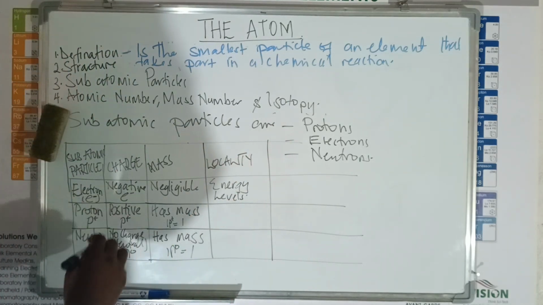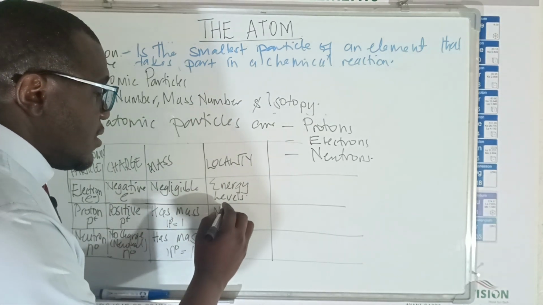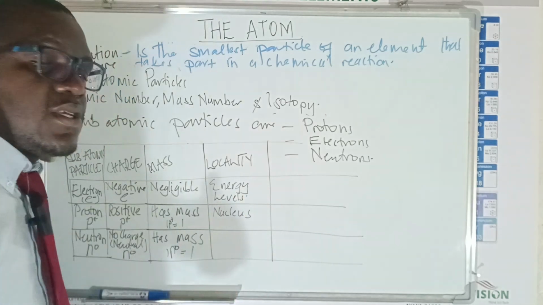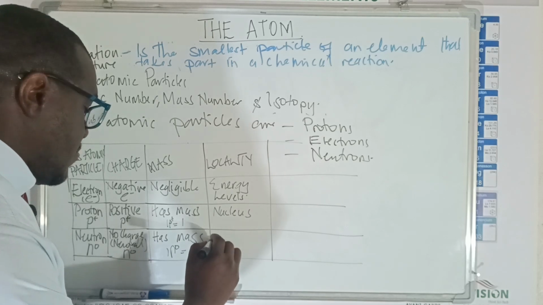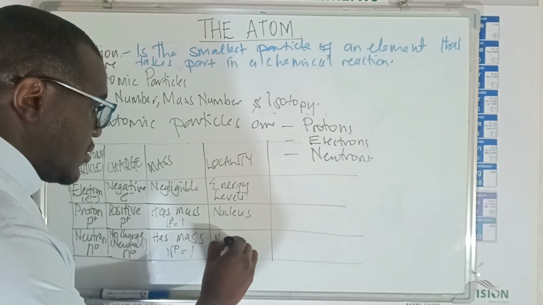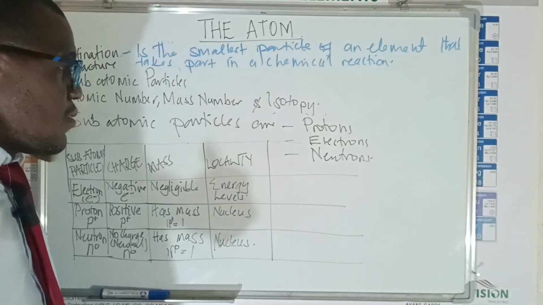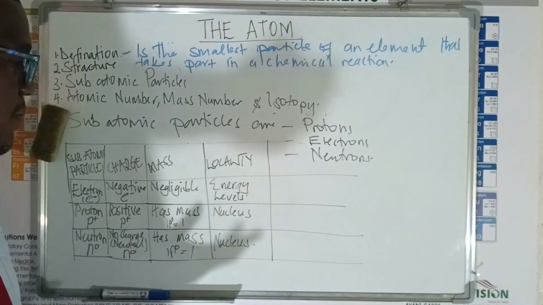Now, the protons, we have seen that the protons are found in the nucleus. That is in the center of an atom. The same as the neutron is also found in the nucleus of an atom. So this is the general property of the subatomic particles.